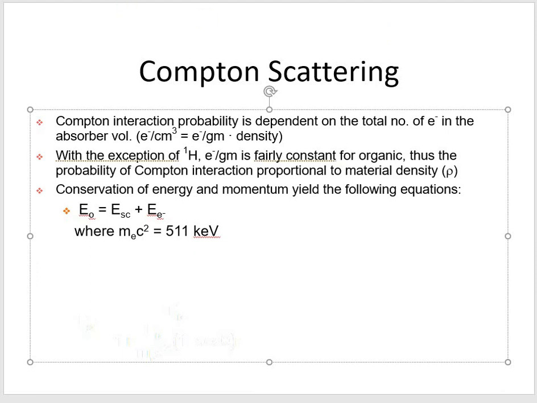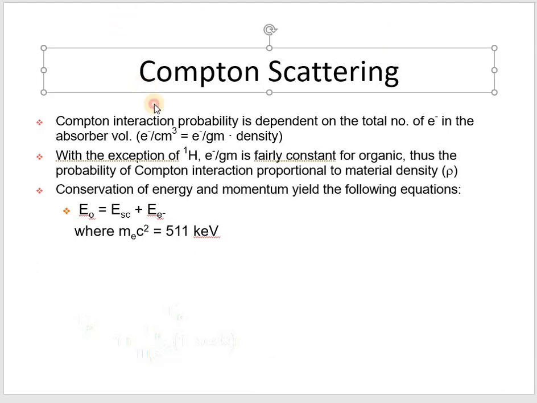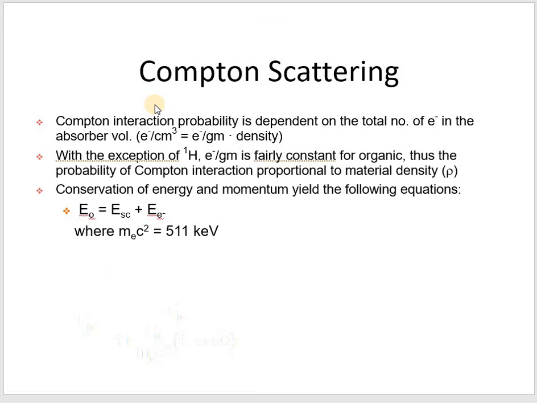Generally speaking, Compton scattering depends on the density of the atom. The higher the density, the higher the electron density per cubic centimeter or per gram.